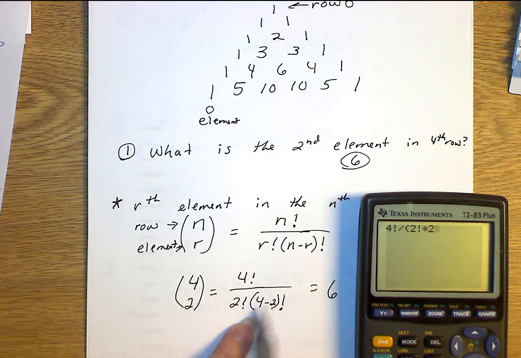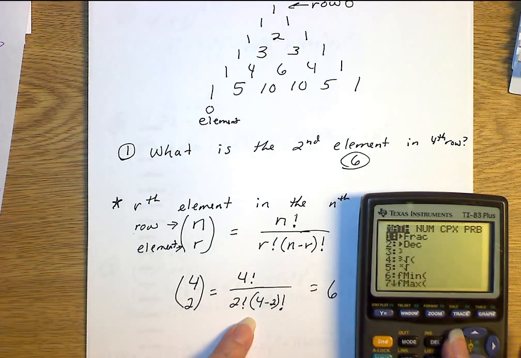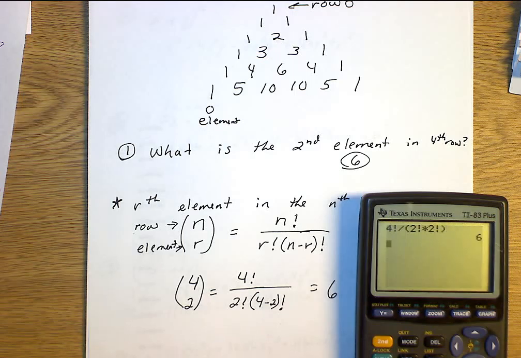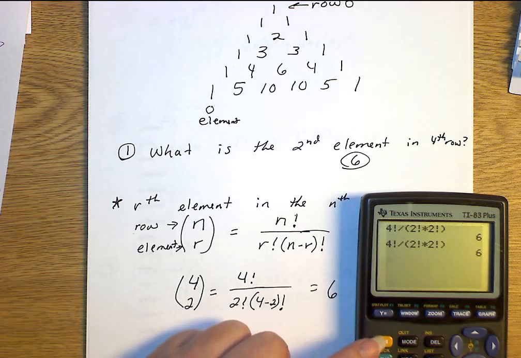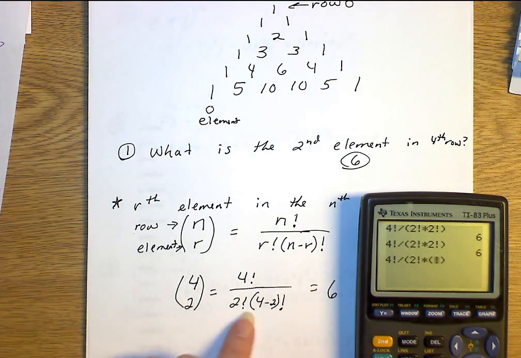Did you put more parentheses? I'll just go factorial. And that you guys might have done, whoops, times parenthesis 4 minus 2 and a parenthesis factorial.